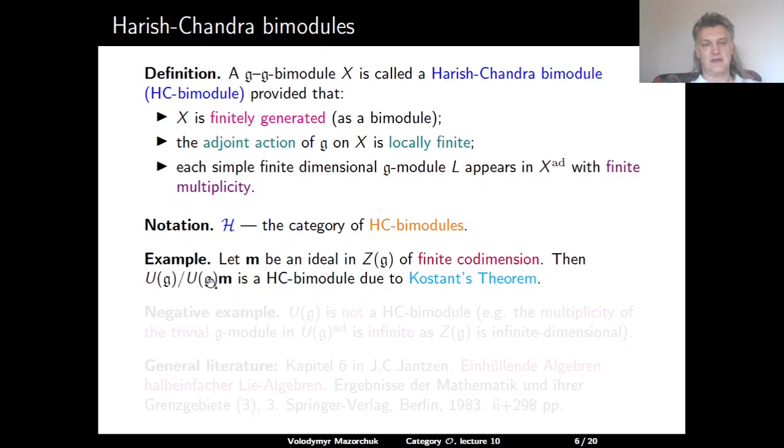That it is finitely generated is obvious because it's generated by one element. And the fact that it is a Harish-Chandra bimodule follows directly from Kostant's theorem.